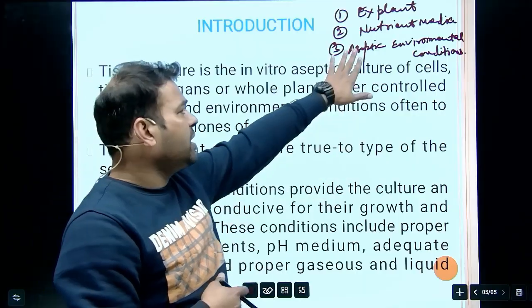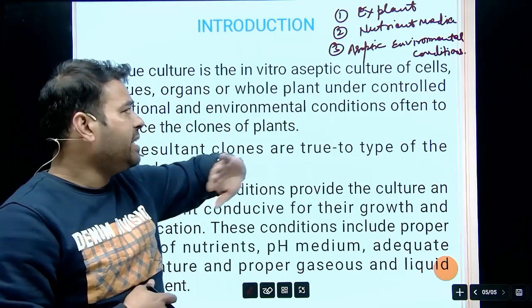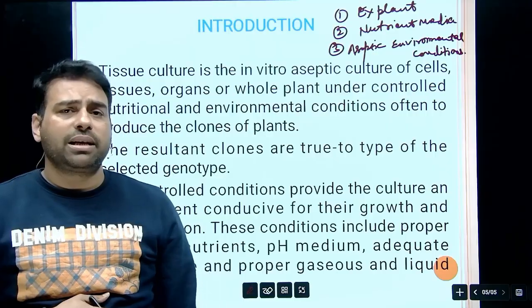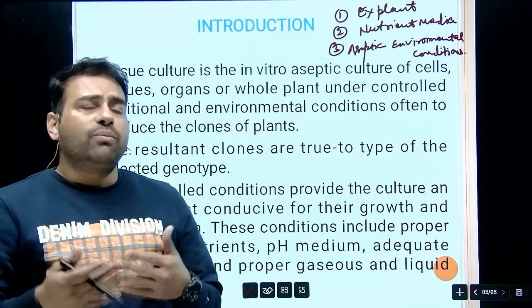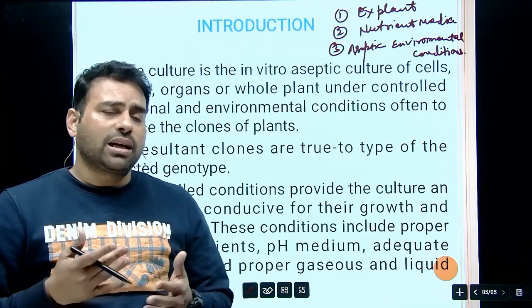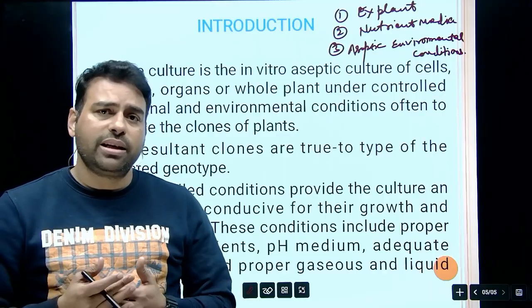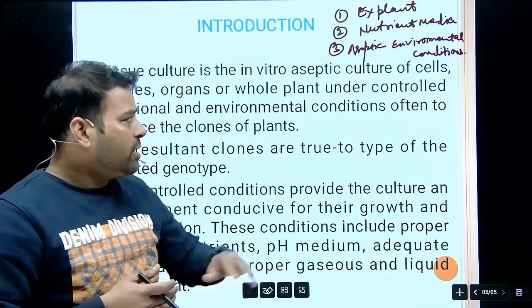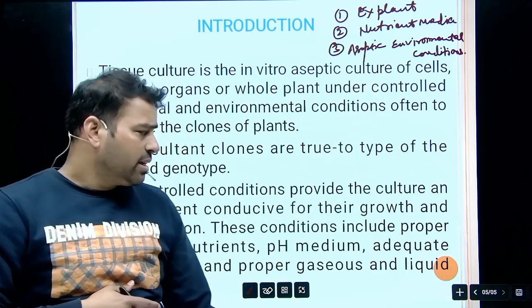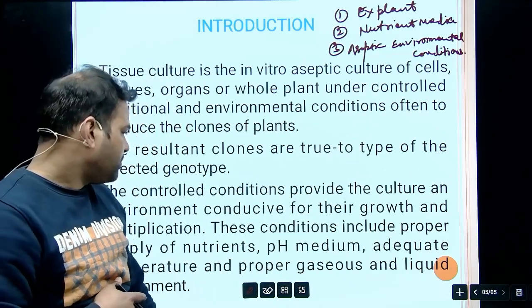So these we are providing in nutritional media. Third is aseptic environmental condition, where we are controlling the environment. We are controlling temperature, moisture, humidity, sunlight, to provide the adequate environment to our plant.